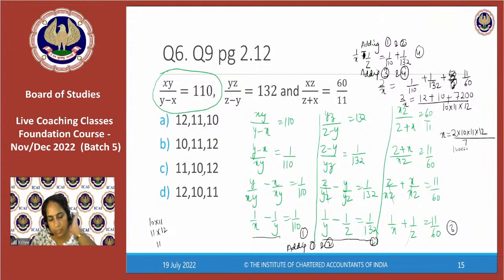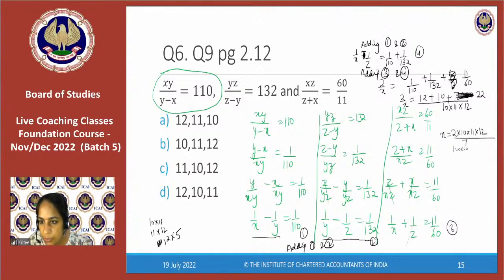Okay. All right. So 60 is 12 into 5 or 6 into 10, take it whichever way. So your LCM is 10 into 11 into 12. That's it. Correct this part. So for 60, you're left with 22.